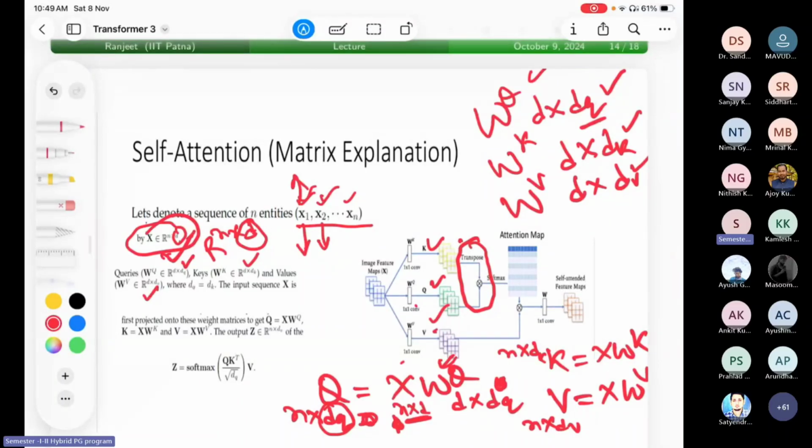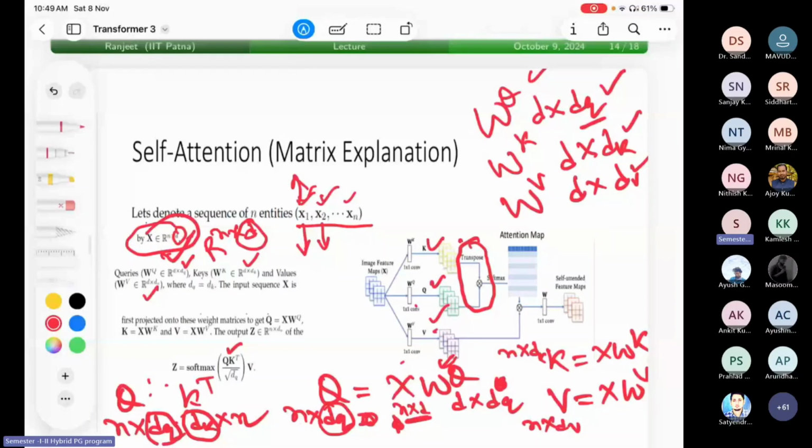So it is Q into the transpose of K, Kt. Q has dimension n into dq, and K has dimension n into dk. If I take the transpose, Kt has dimension dk into n. Now if you want to multiply these two matrices, dq should be equal to dk.